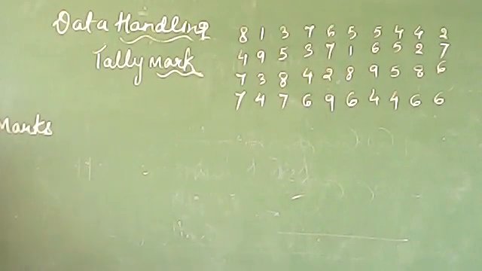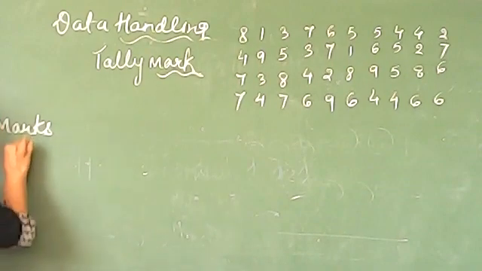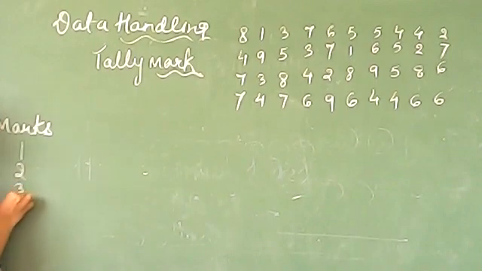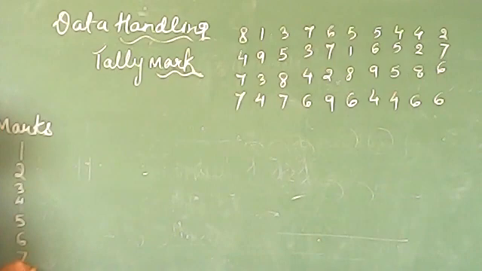Here you can see the minimum number is 1. We have 1, 2, 3, 4, 5, 6, 7, 8 and 9. It means we have numbers till 9 in this question.